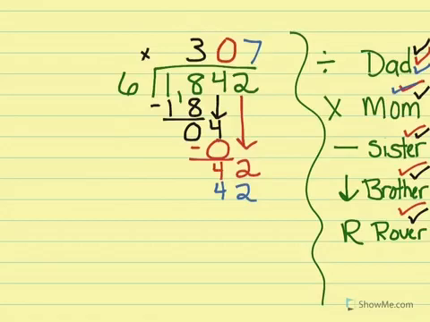Up next is subtract. 42 minus 42 is 0. So I am finally done. I have a remainder of 0, and I've gone through and done all of my steps. So my answer is 307 with remainder 0.